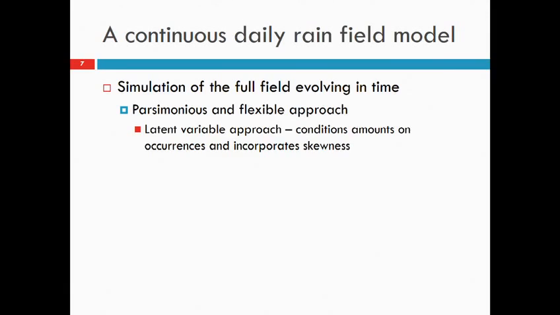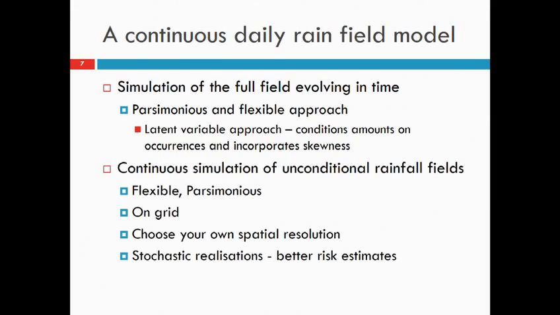So we're not running two separate models, one that's doing rainfall occurrence and one that's simulating how much rainfall comes when it is wet. Other than this, you can have your rainfall fully distributed in space. You can choose the spatial resolution of your rainfall, and you can have as many stochastic realisations as you would like.